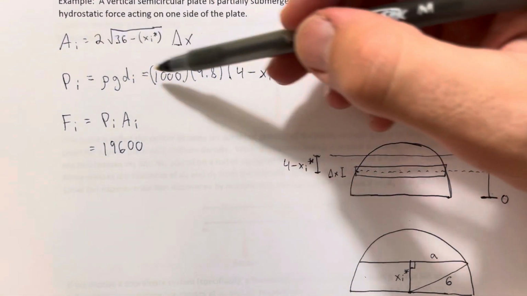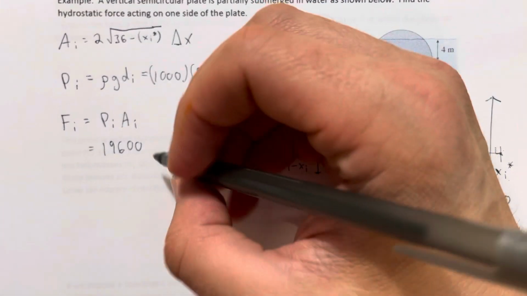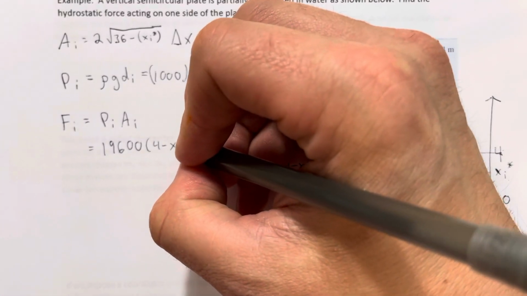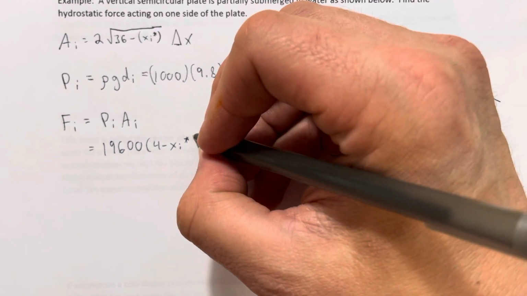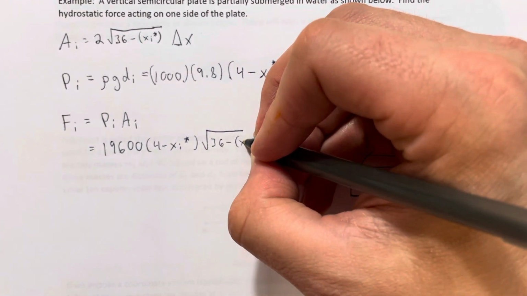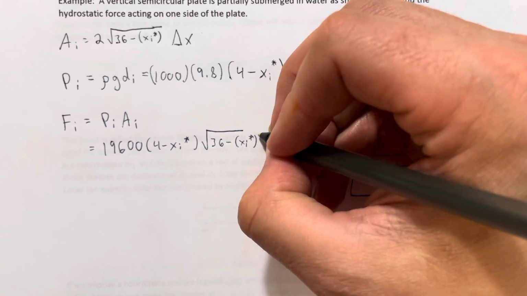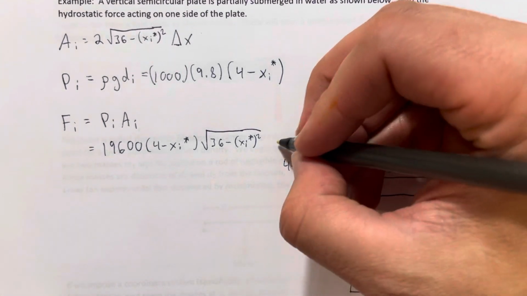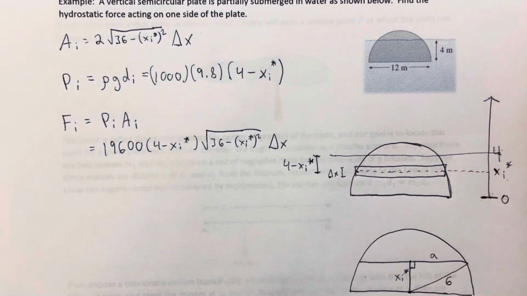Okay, so I'm doing a little bit of cleanup there. And then I have this 4 minus xi star. And then I have this radical as well, 36 minus xi star squared. And I think I forgot to put the second power up there, so let's include that. Then I have a delta x.